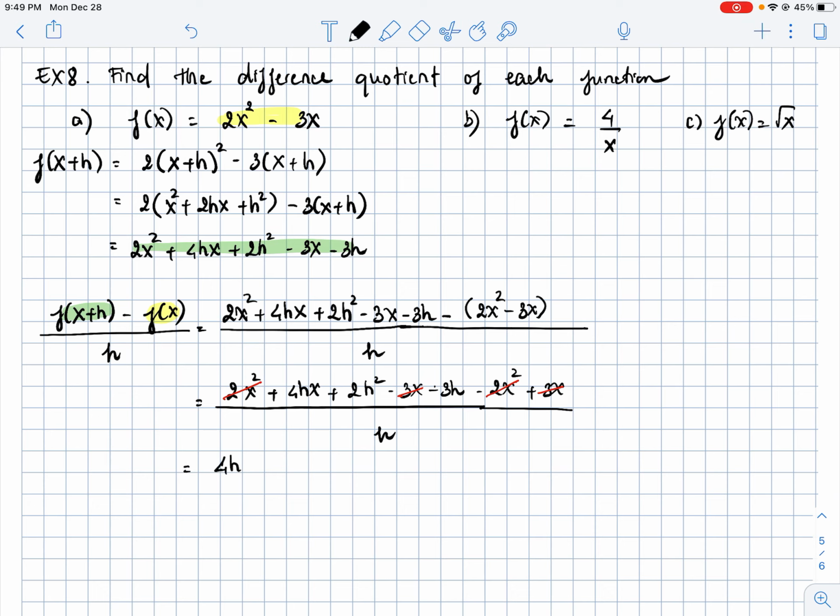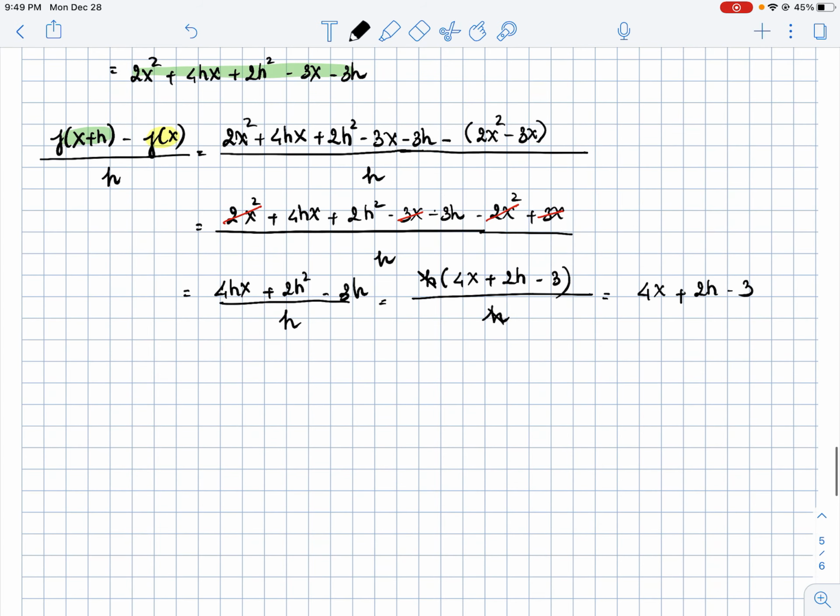So the answer is 4hx plus 2h squared minus 3h, divided by h. You notice that on the top you have the h, so you can factor out the h. So we get h times 4x plus 2h minus 3, divided by h. Now we can cancel the h on top and bottom. So we're left with the answer 4x plus 2h minus 3.